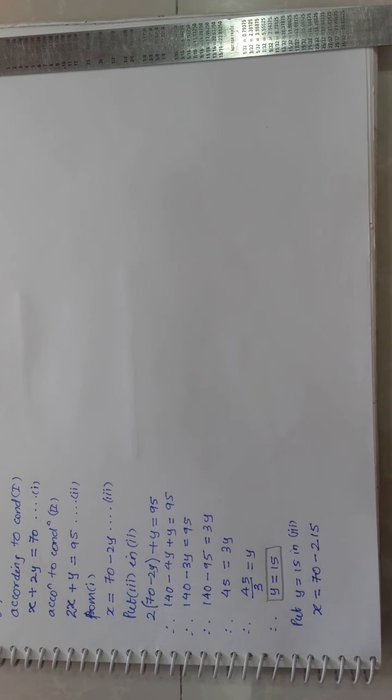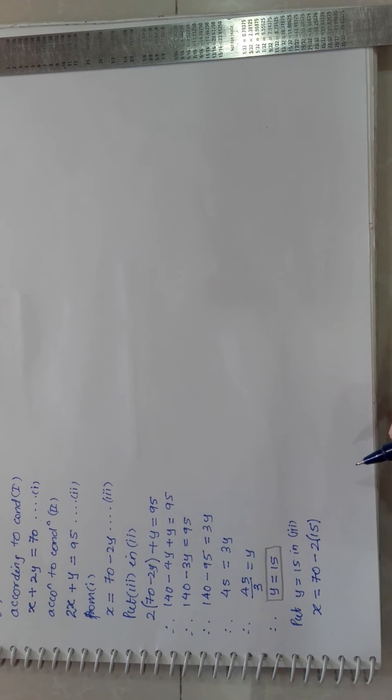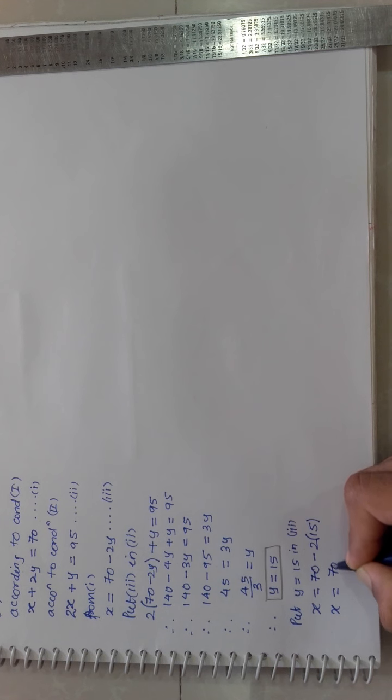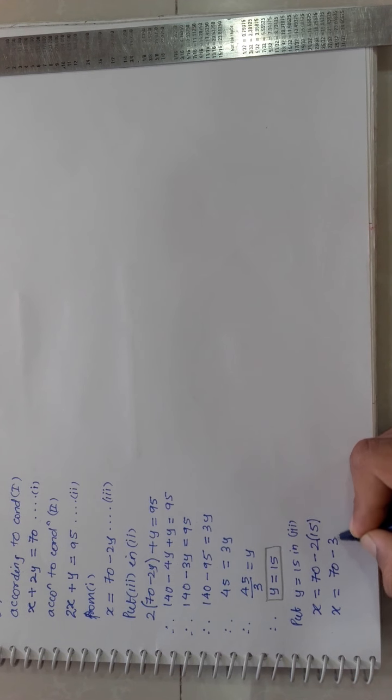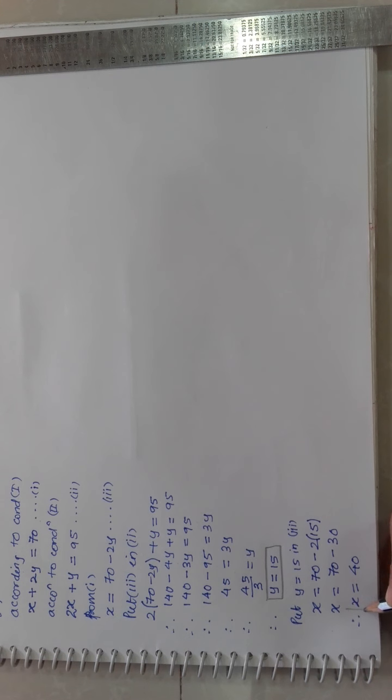Again, if I keep it like this, it will become 2 into 15, where it is 2 into y. To show multiplication, we'll put bracket. So x is equal to 70 minus, 15 2s are 30. So you get x is equal to 40. So you got the value of x to be 40.